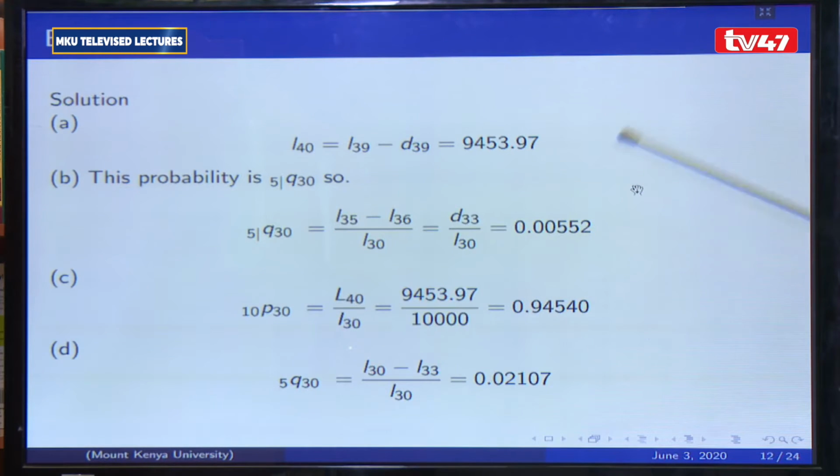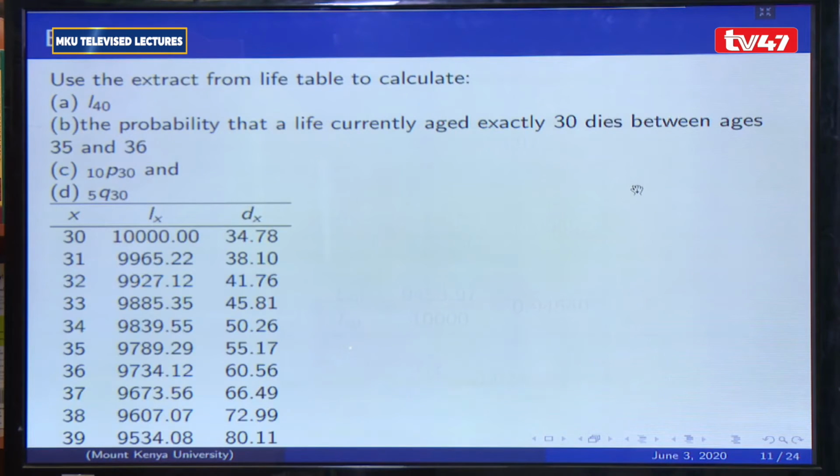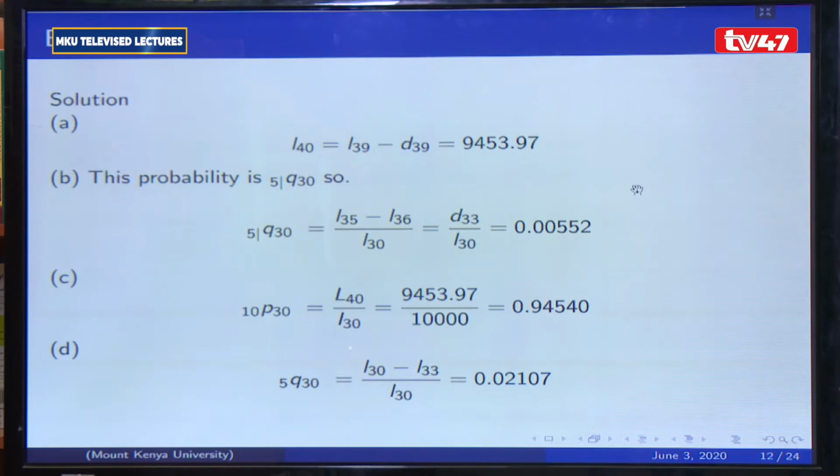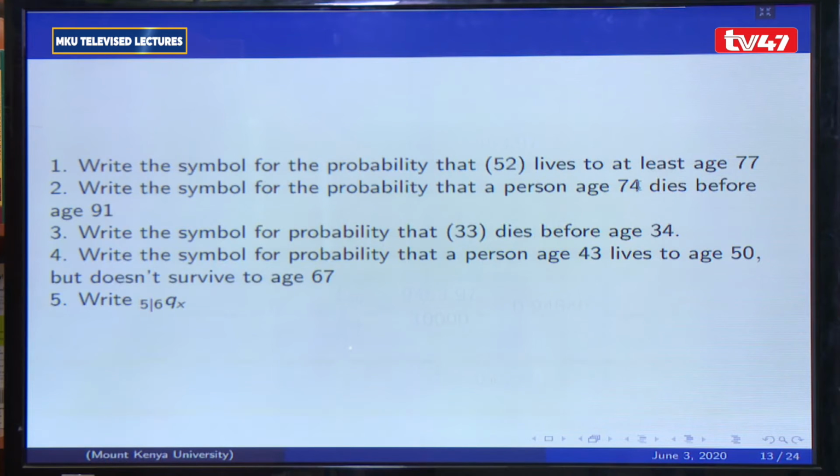Then we have 5q30, that's the probability that arrived aged 30 will die in the next 5 years, and that is given by l30 minus l35. So there is a correction to make at this point. So this is l30 minus l35, all over l30, and that is giving us 0.0217.